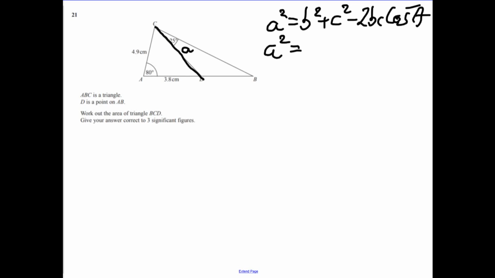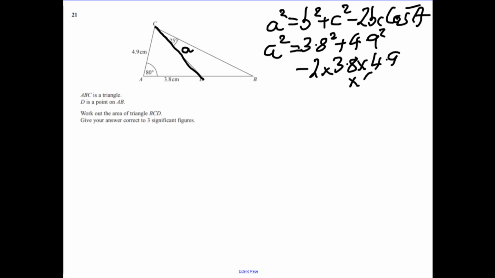We've got 3.8 squared plus 4.9 squared. Then we're going to take away from that 2 times 3.8 times 4.9 times the cos of 80.